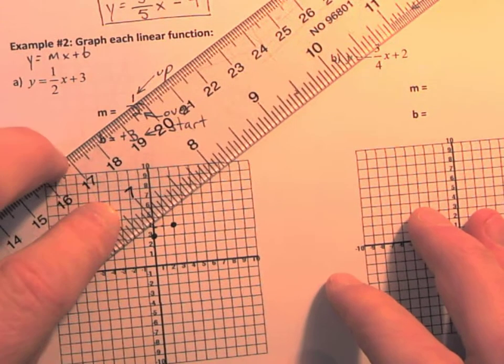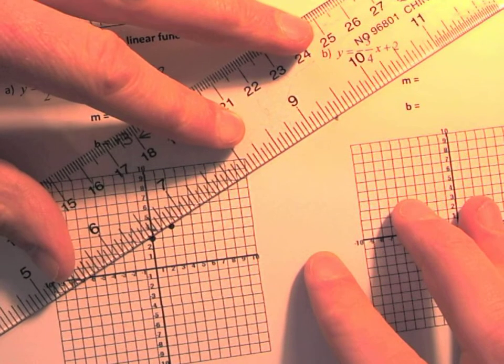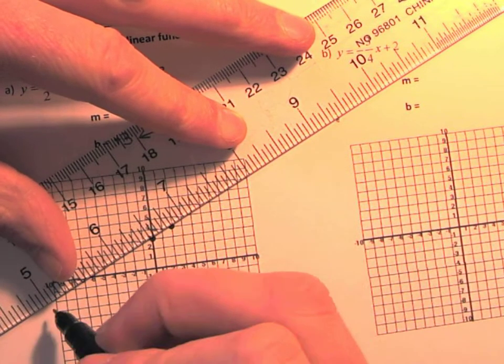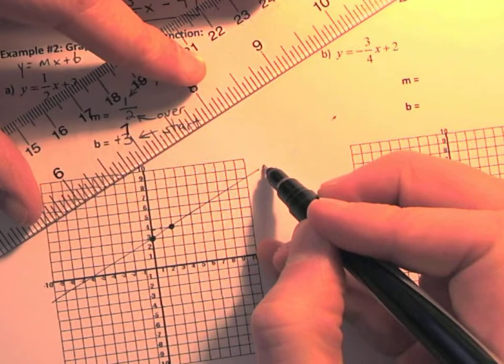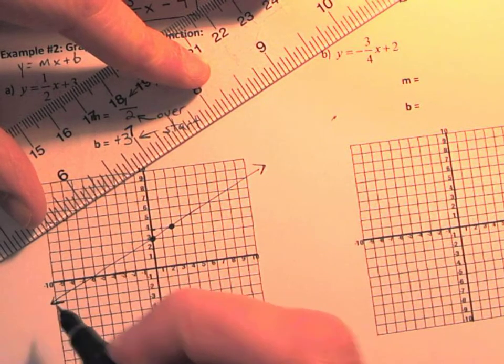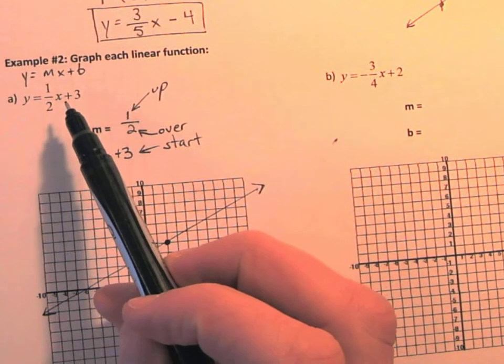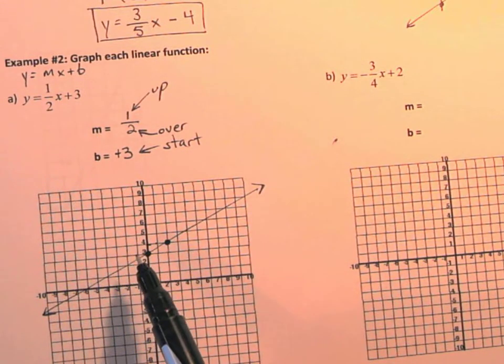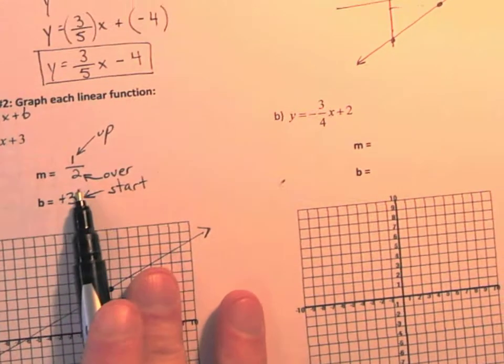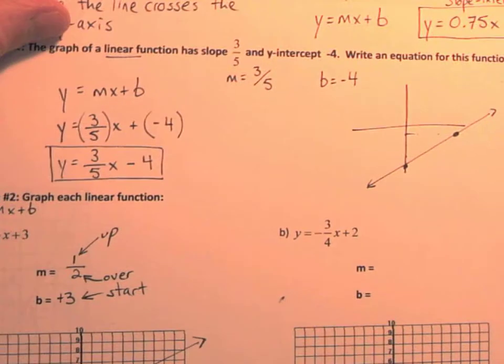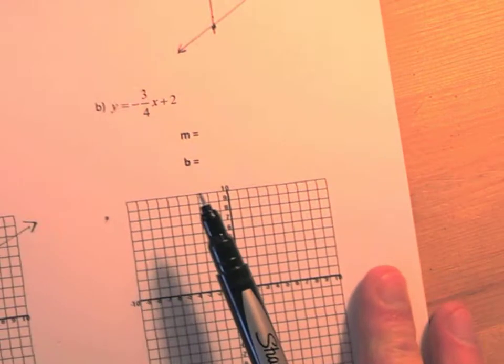Okay, and so when I'm to draw this, I just take a ruler and go through those 2 points. And that's my line for this equation. They mean the same thing. So now we go over to this next one. And now we have an equation y equals -3 over 4x plus 2.